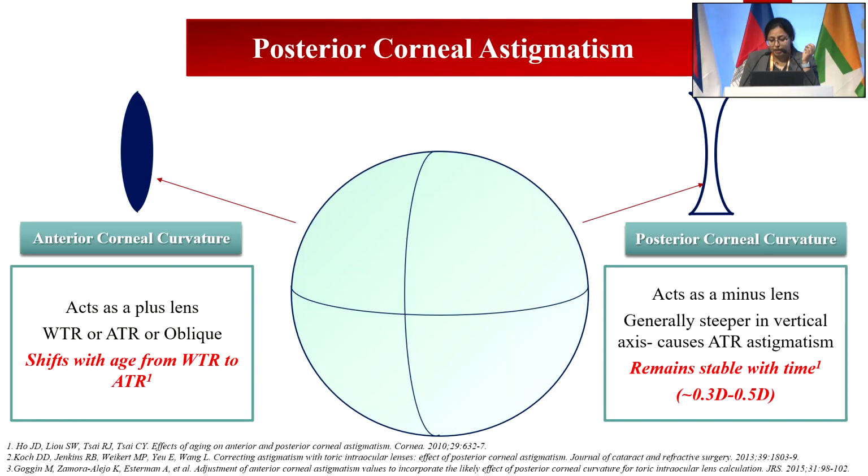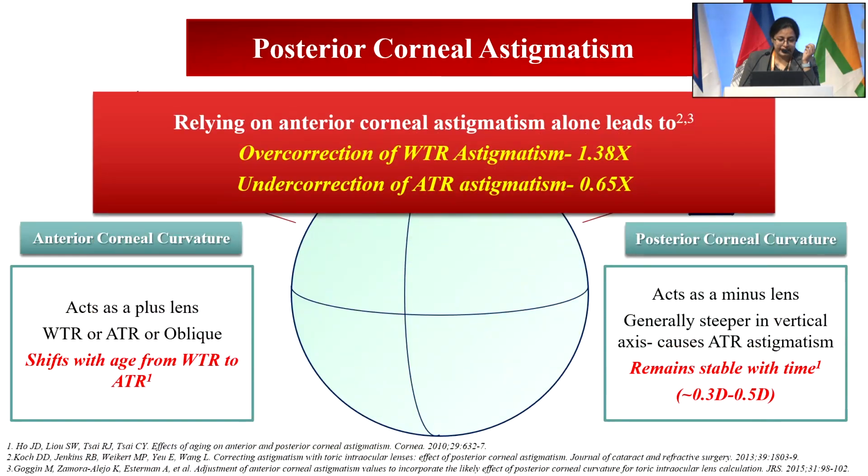It remains stable with time, to the magnitude of 0.3 to 0.5 diopters, and must be taken into account while calculating for premium intraocular lenses. Because if you are not taking into account the posterior corneal curvature, you are going to end up with an overcorrection of with the rule astigmatism to the tune of 1.38 times and an undercorrection of against the rule astigmatism to the tune of 0.65 times.